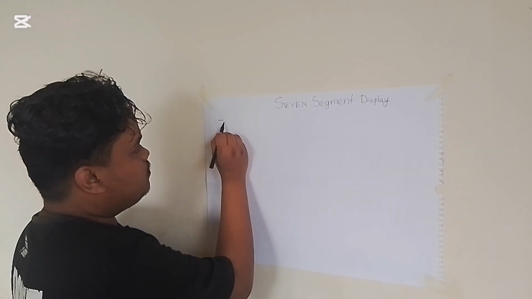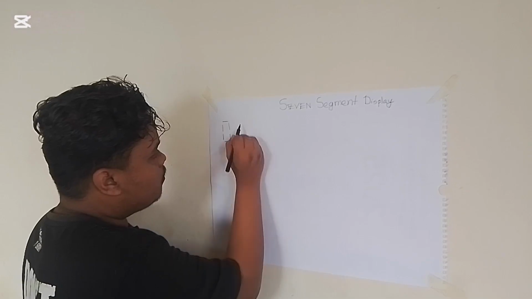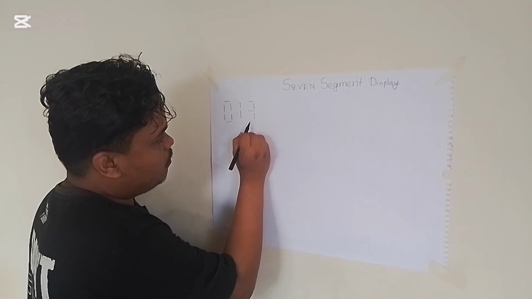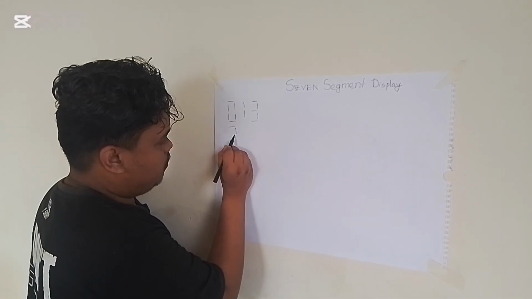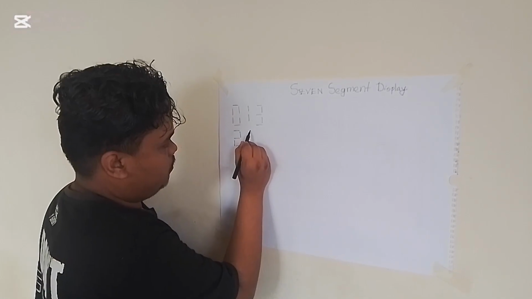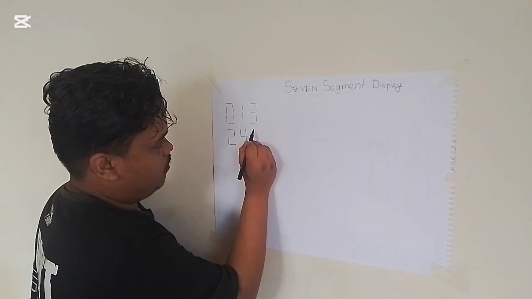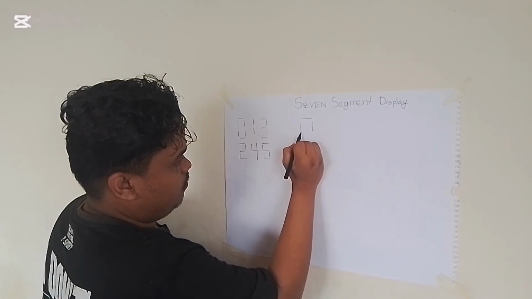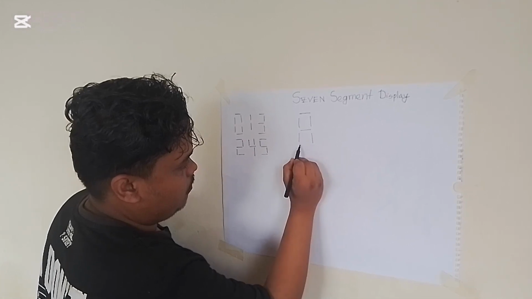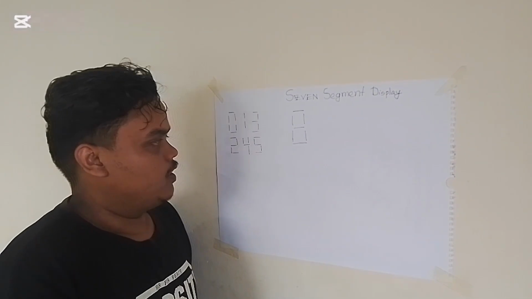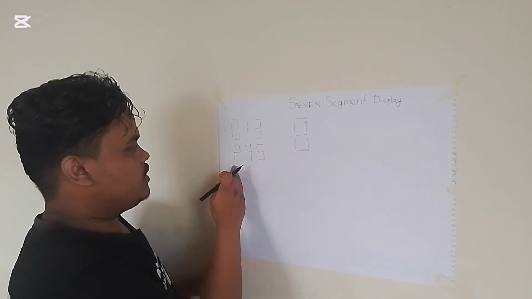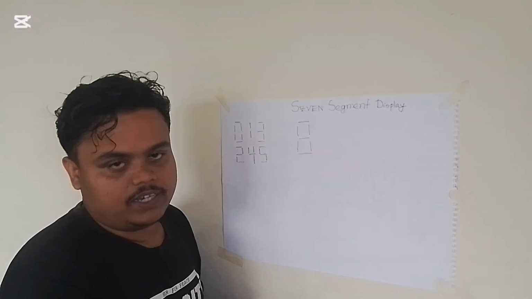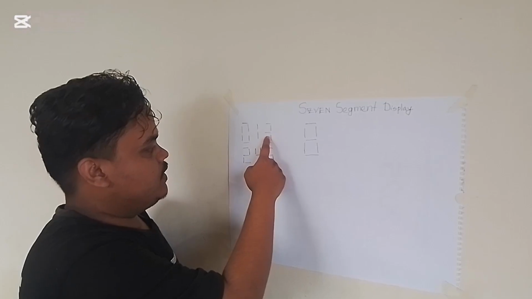So here, on the left side we see some decimal numbers 0, 1, 3, 2, 4, 5, and on the right side we see the actual display where we see the decimal numbers like 0, 1, 3, 2, 4, 5.